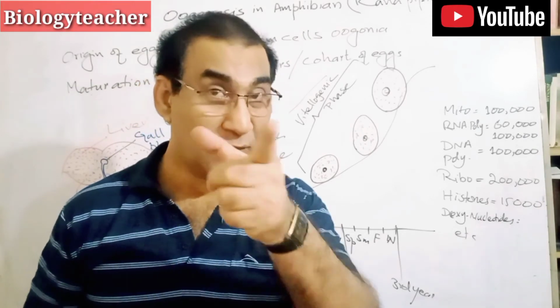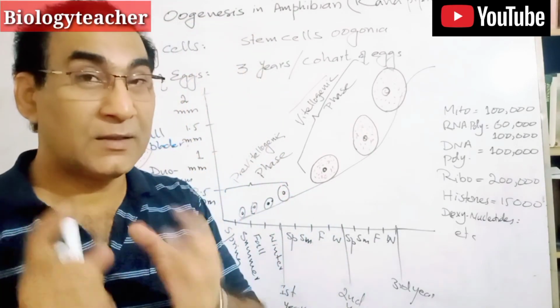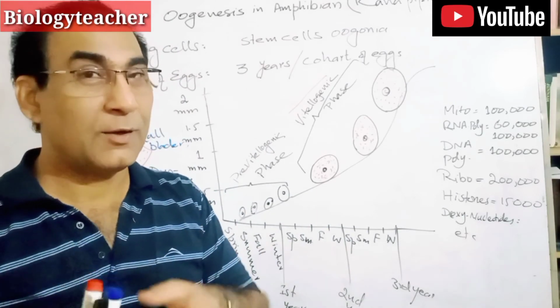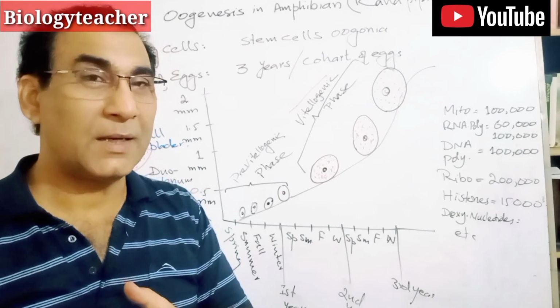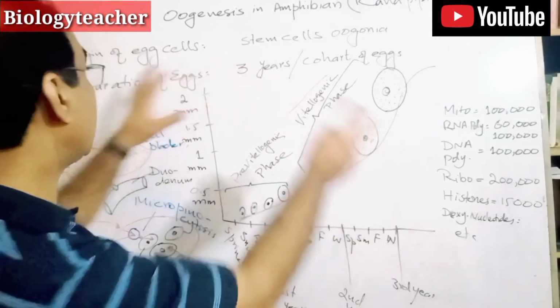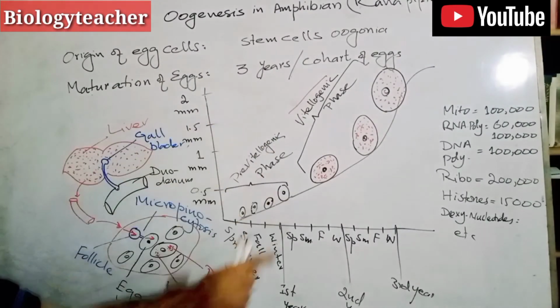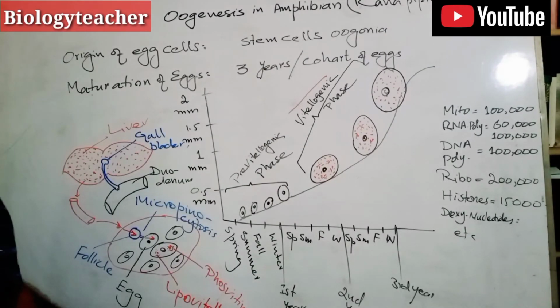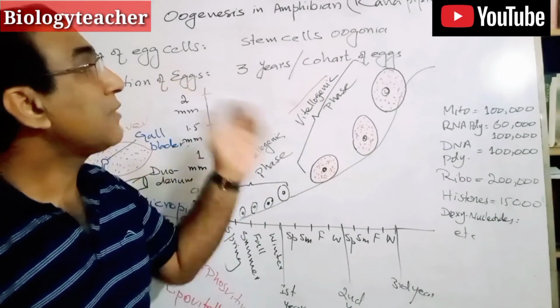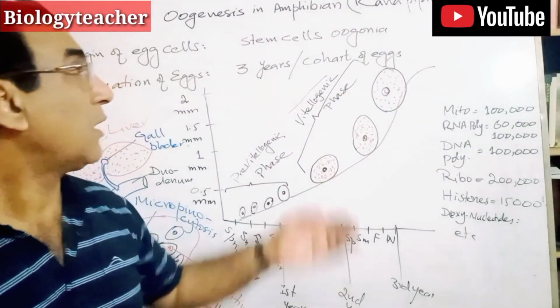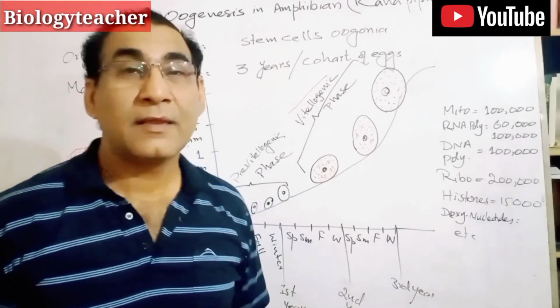So mitochondria always are provided by your mother, your oocyte, not by the sperm. So this is the story of oogenesis in case of aquatic animals, particularly the amphibian. And the example I told you was Rana pipiens. Thank you very much.